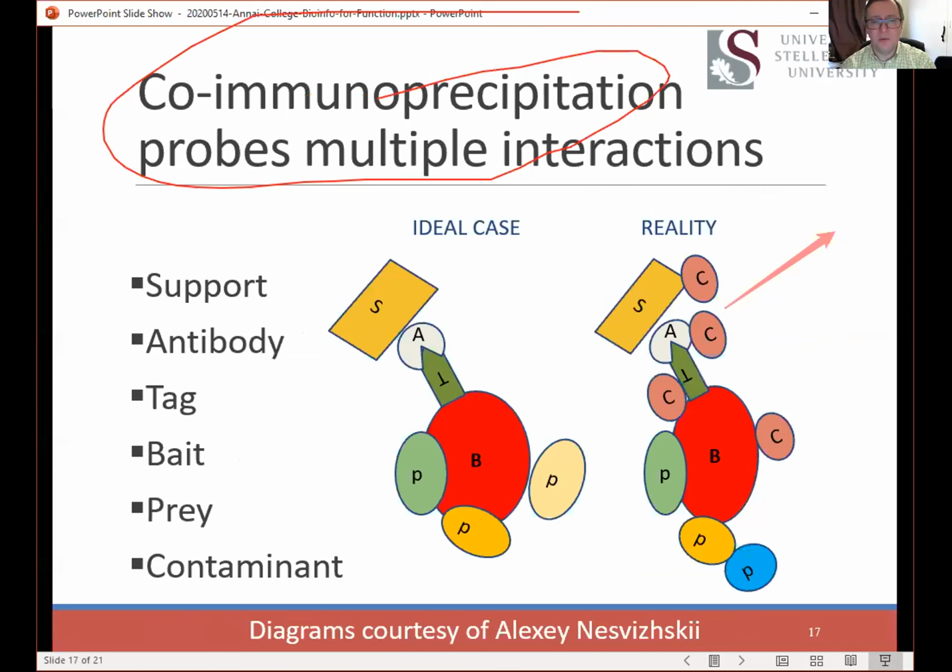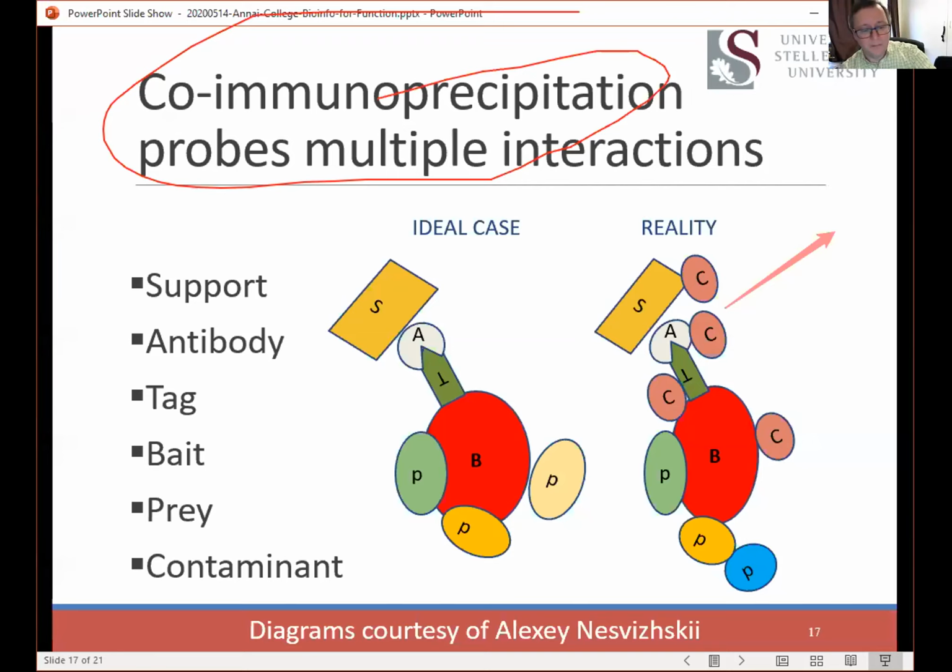So it's also valuable that we can do our assessment not on a gene level, but on a protein level via co-immunoprecipitation. I got this slide from my friend Alexei at University of Michigan, so I'll try to walk through this. We think that if we were to pull a protein B, here B stands for bait, out of a cell, we would imagine that proteins the bait protein interacts with will come along for the ride.